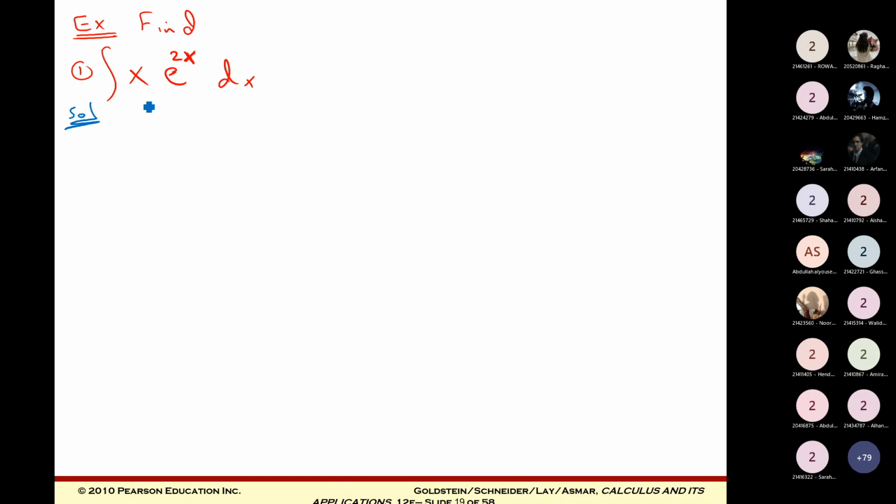So f of x equals x, and g of x is e to the power 2x with dx.